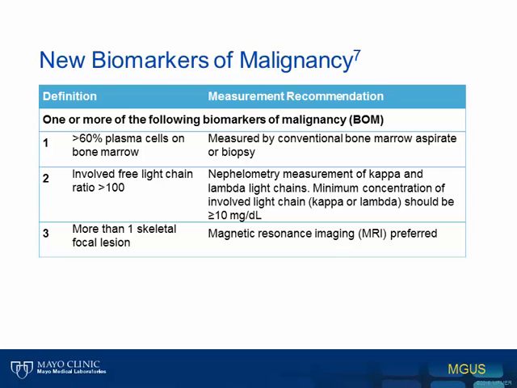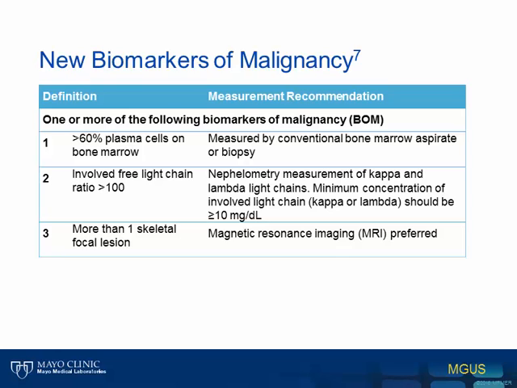The new biomarkers for malignancy published in the recent myeloma definition update are shown on this slide. One or more of the following biomarkers is sufficient to place an individual in the myeloma requiring treatment category. One of the criteria is greater than 60% plasma cells on bone marrow, measured by conventional bone marrow aspirate or biopsy. Second, having an involved free light chain ratio greater than 100, using the nephelometry measurement of kappa and lambda light chains.